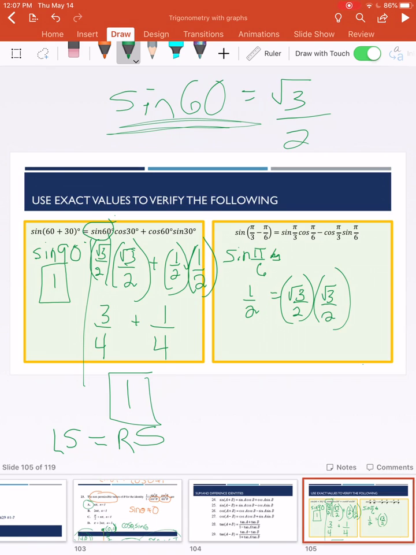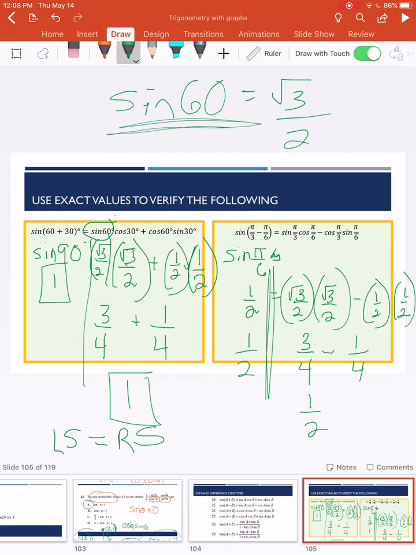Cos pi over 3, the ratio is 1/2. Sine pi over 6, the ratio is 1/2. Okay. So let's simplify that. Root 3 times root 3 is 3 over 4 minus 1 over 4. So 3 over 4 minus 1 over 4 is 2 over 4, which is the same as 1/2. So the left side and the right side both equal 1/2. So I've verified that that is true.